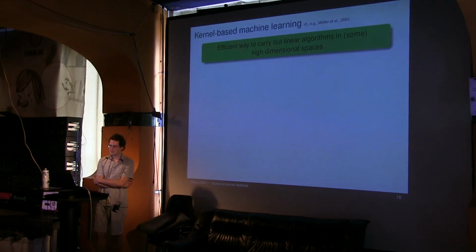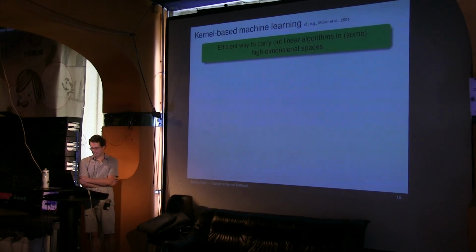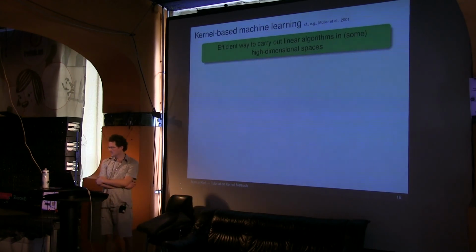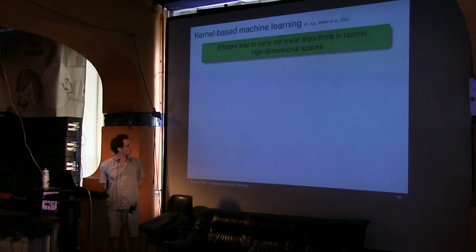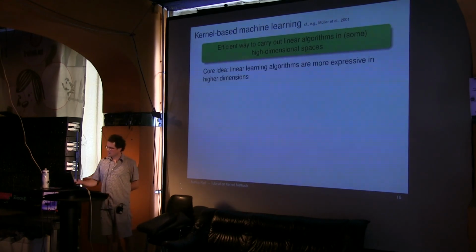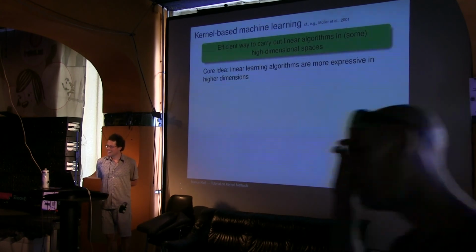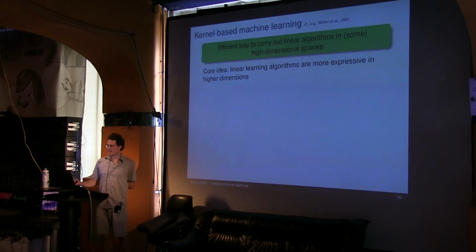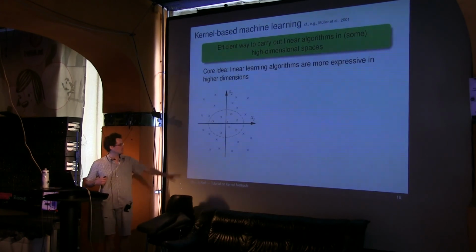Essentially, kernel-based machine learning is an efficient way to carry out linear algorithms in some high-dimensional space. The core idea is that linear learning algorithms can be much more expressive in higher dimensions. For instance, let's say you have some two-dimensional data here on the board.